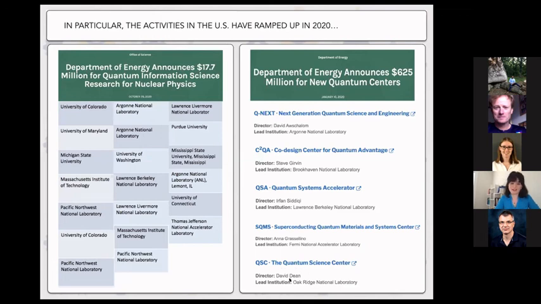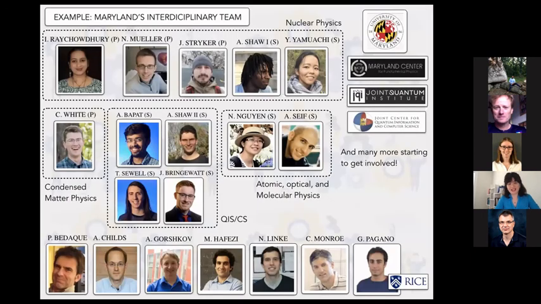And really, last slide and last example, I think that this kind of workforce development in QIS and nuclear physics has already started. If I look around at the University of Maryland and my team, I see that nuclear physicists are talking all the time to condensed matter physicists, AMO theorists and experimentalists, and also the experts on the QIS and computer science side of things.